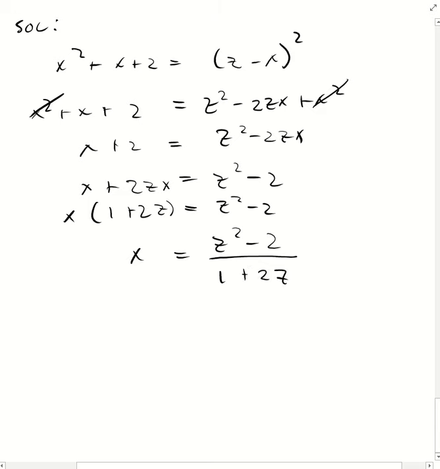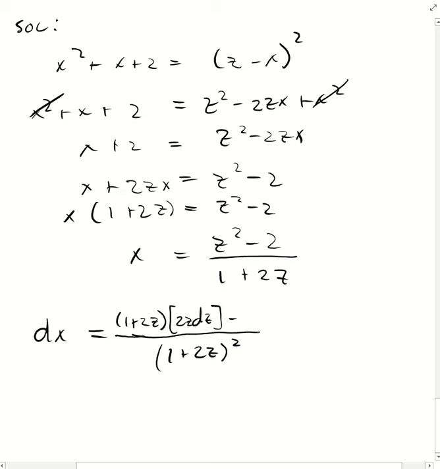Then the next step is to solve for dx, so we need to take the derivative of that. This is a quotient, so we apply the quotient rule: low d-high minus high d-low over low squared. So this will be 1 plus 2z, squared. Then low d-high: the lower function 1 plus 2z times the derivative of the numerator, z squared minus 2, which is just 2z dz.